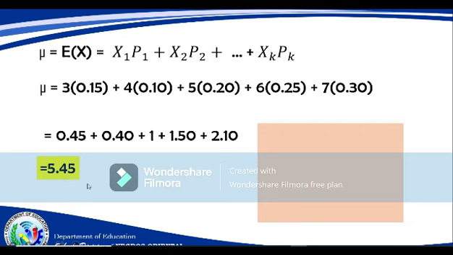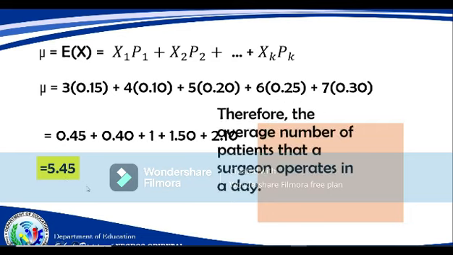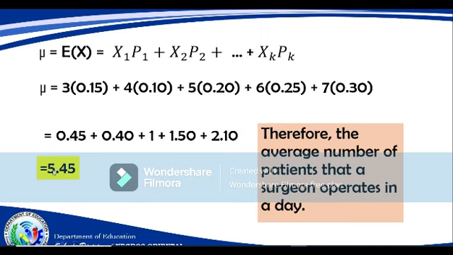So how are we going to interpret this one? Okay, you will say, therefore, the average number of patients that a surgeon operates in a day is 5.45.